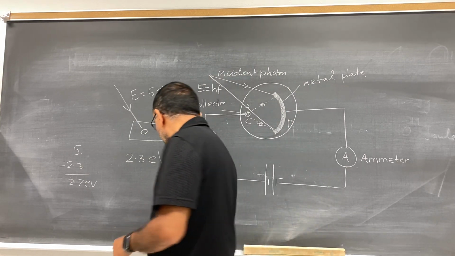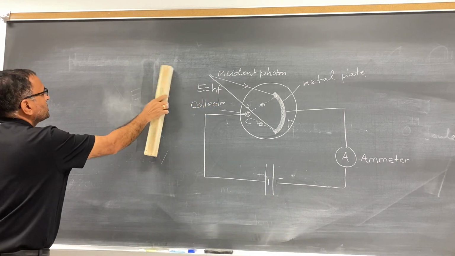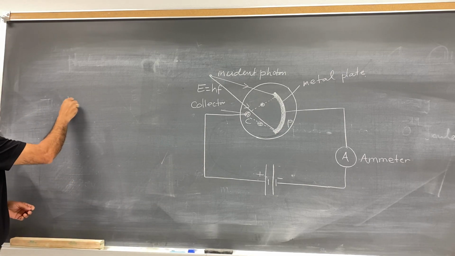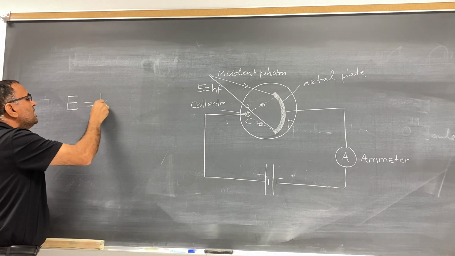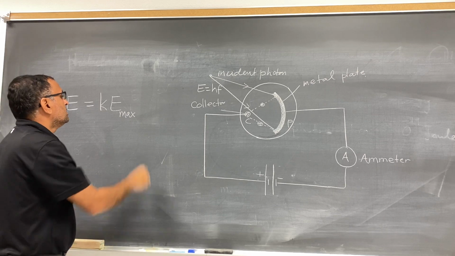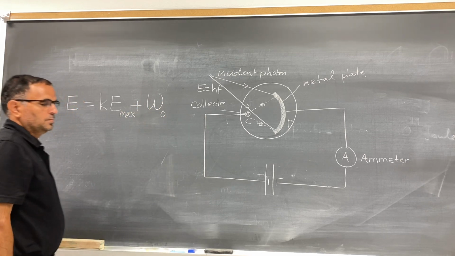So if the incident photon has an energy E, this energy is split into the kinetic energy of the photoelectron, you can write KE max, maximum kinetic energy, plus you can write omega 0.